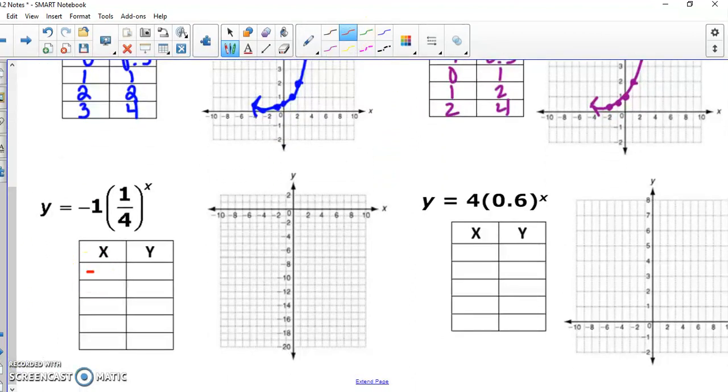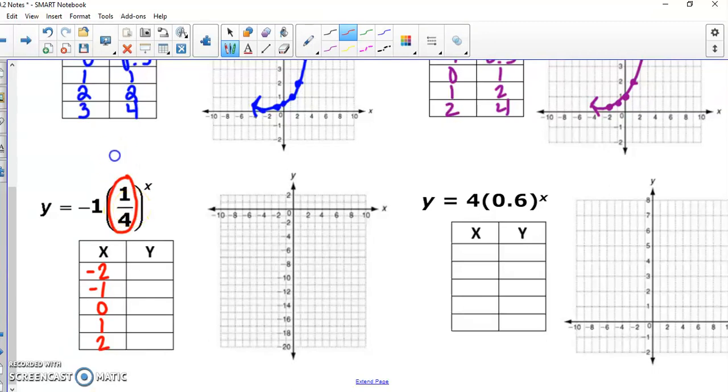I'm going to pick my x's, so -2, -1, 0, 1, and 2 again. Those are just good ones to stick with. Otherwise, if you get too high of numbers, your graph can grow to a really large number, and then it's harder to graph. So go ahead and plug those in. Remember, if you're going to plug this into your calculator, you need parentheses around it. Use your divided by sign to make your fraction.